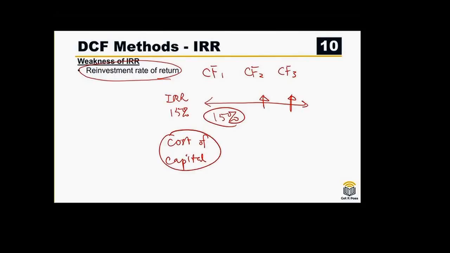It is much more sensible in terms of definition, because you cannot assume the project cash flow will be invested at a higher rate than the company's cost of capital. It seems not realistic, or not meaningful, especially for finance professionals. So this key assumption of the IRR, the reinvestment rate of return, is criticized by a lot of people when adopting this principle to evaluate project investments.